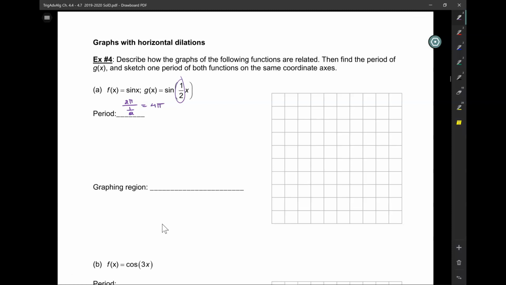Okay. Here's how we're going to graph this. What you're going to do is you're going to take the stuff that comes after the sine, okay? In this case, it's half x. Now, what was the default period for the sine that you were graphing for the homework today? It goes from 0 to 2 pi.